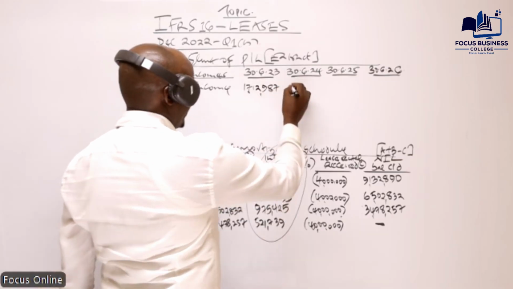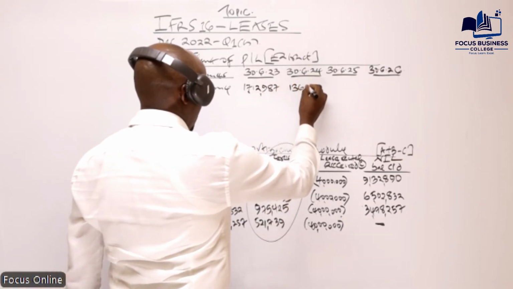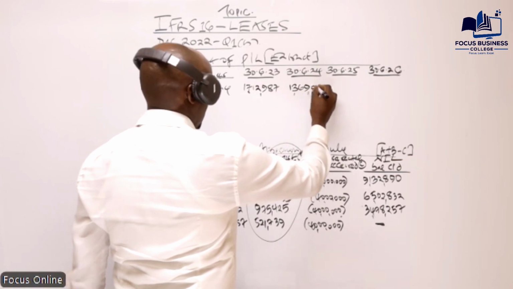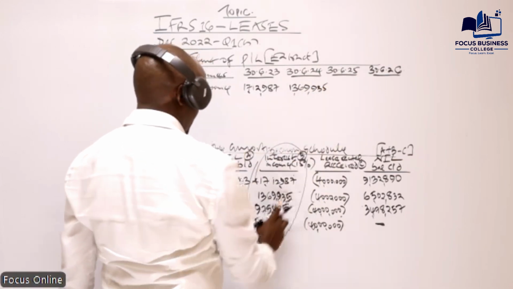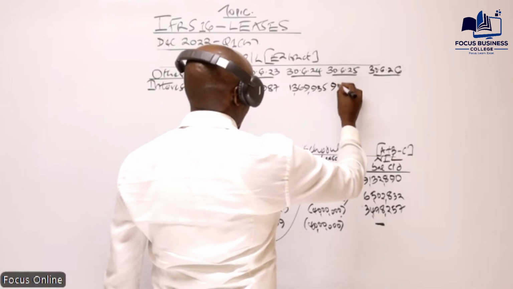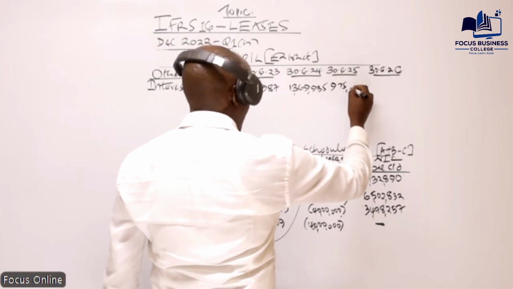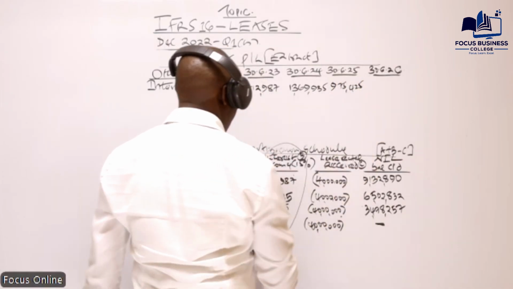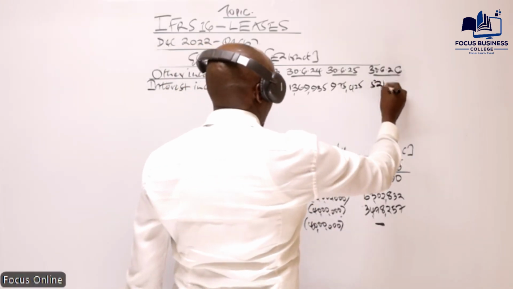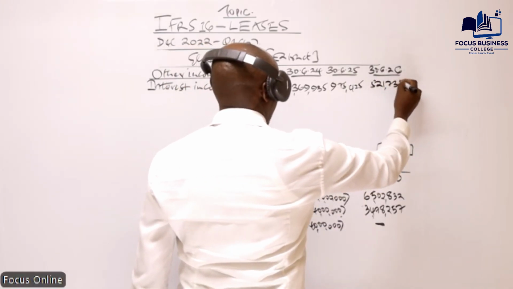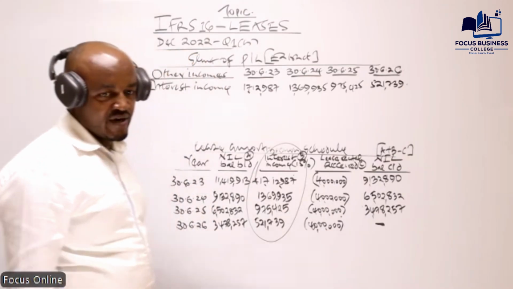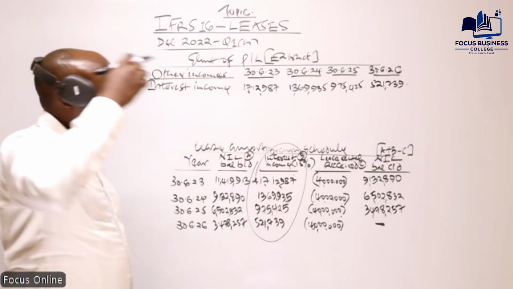And then year 2 we have 1369,935. Then we have 975,425. And then finally we have 521,739. So that basically is what our company recognizes as income within the statement of profit or loss, or basically the income statement.